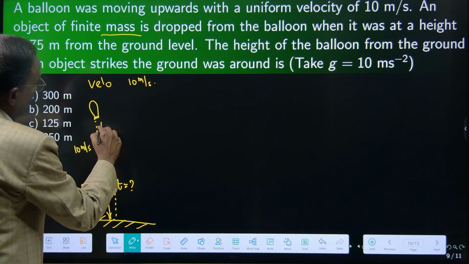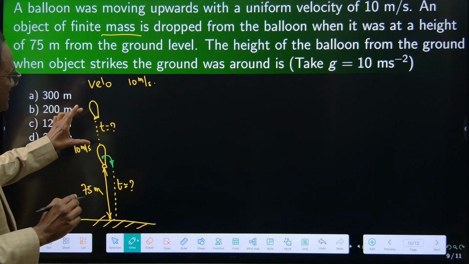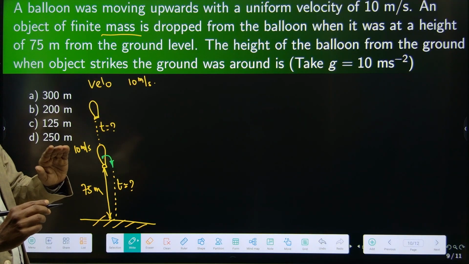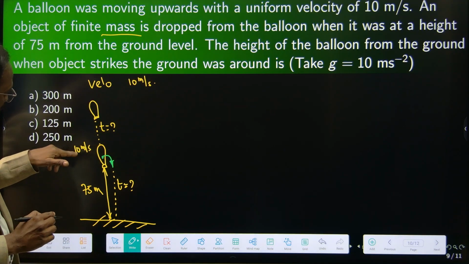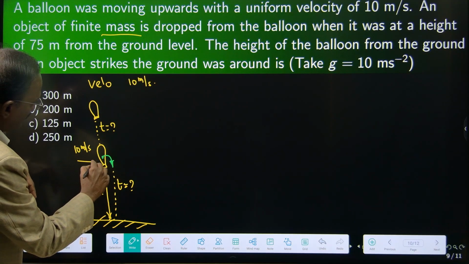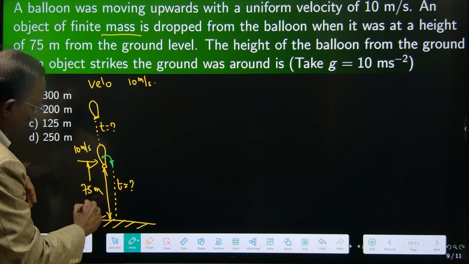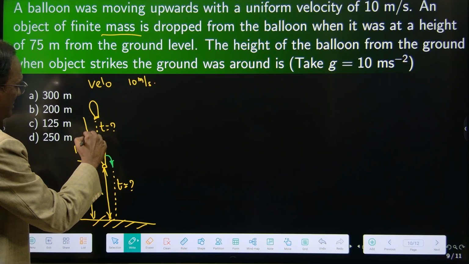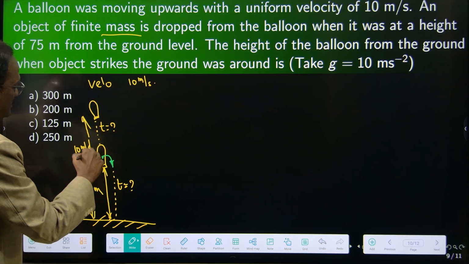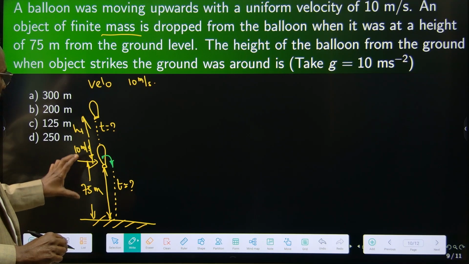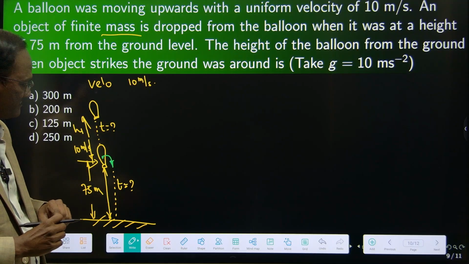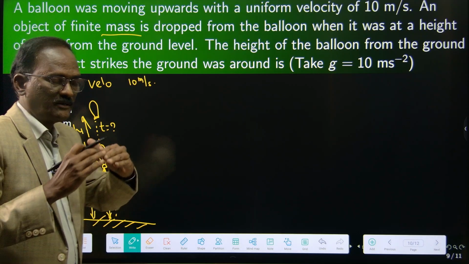At that time, how much distance the balloon would have reached after 75? This is 75 meter. Then it will be some distance, say H1. So 75 plus H1 will be the answer. The balloon is rising up.